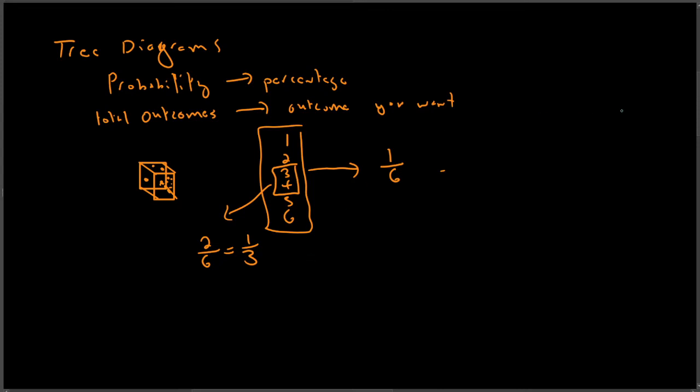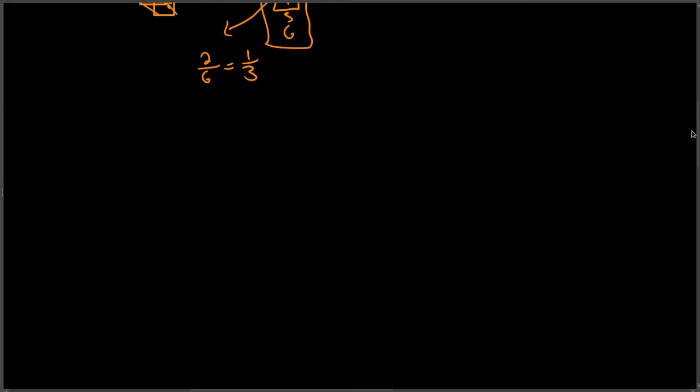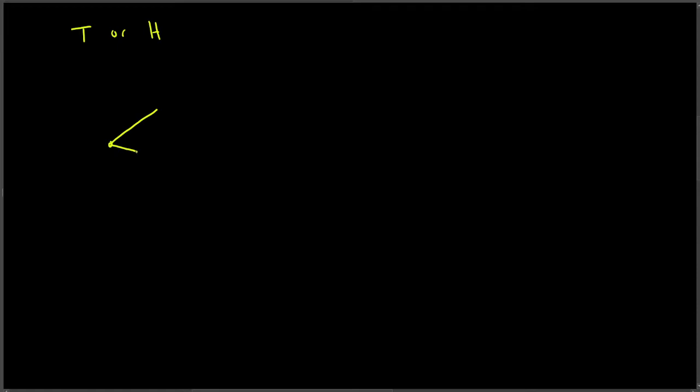And one of the ways we can figure out probabilities is called a tree diagram. So let's say I have a coin, because a coin only has 2 options. I can flip it and I get tails or heads. And so when I start, my first flip gives me a tail or a head.